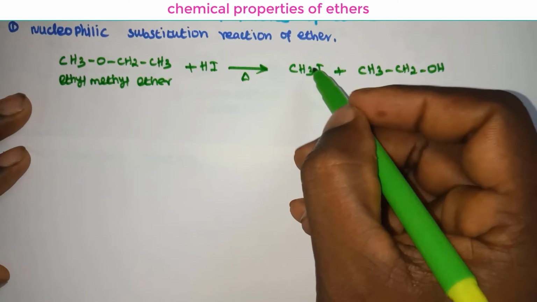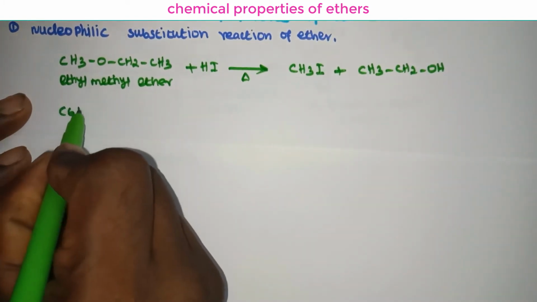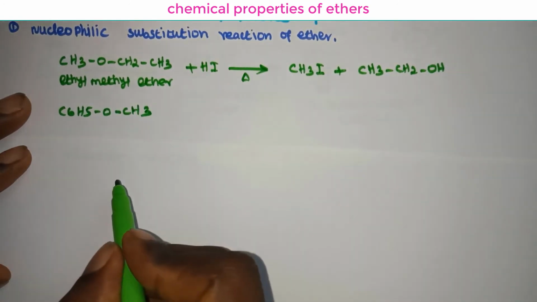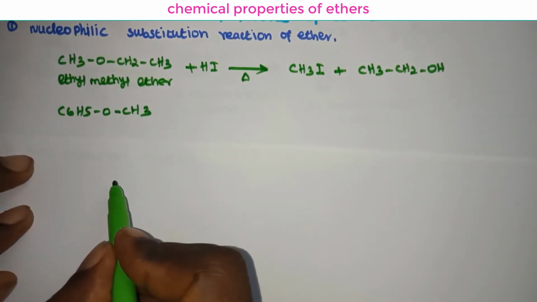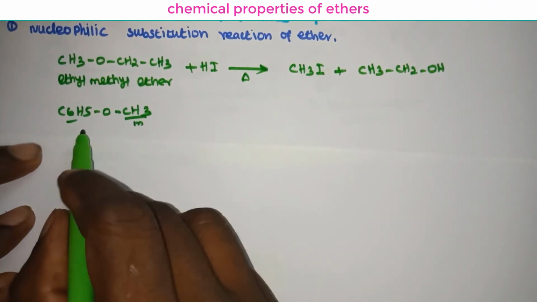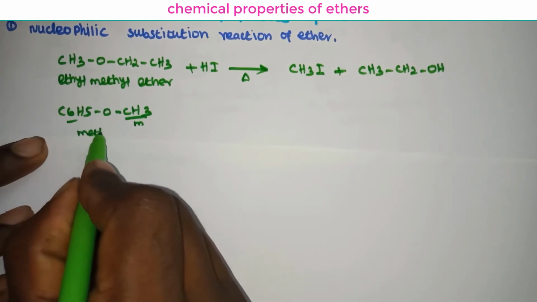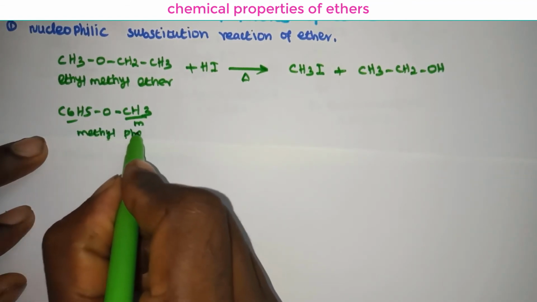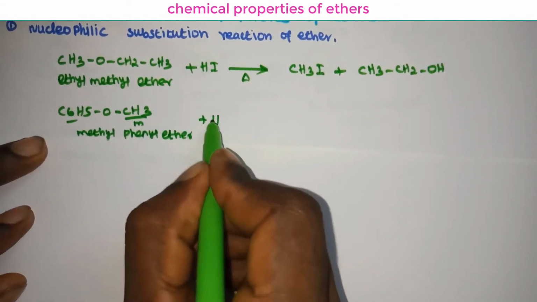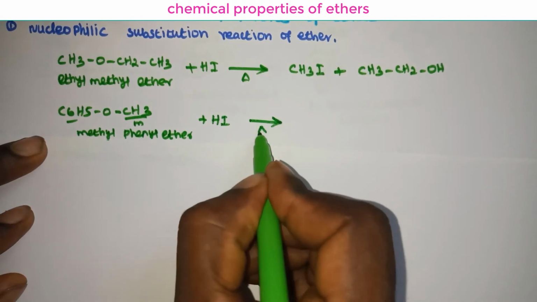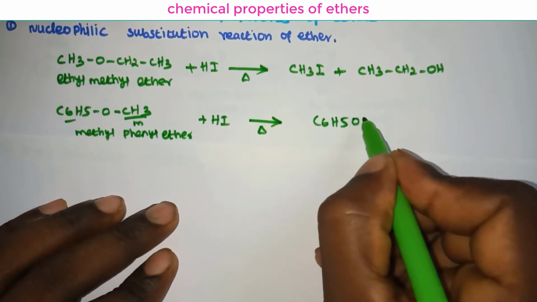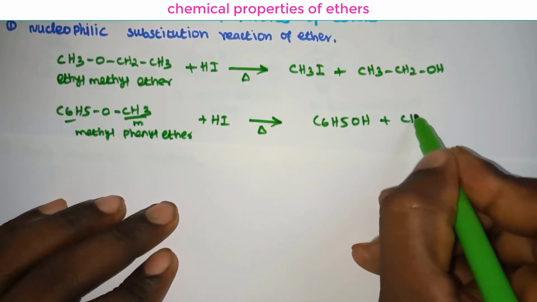CH3I is methyl iodide. Next one, C6H5OCH3. IUPAC name of this compound is methoxybenzene. Common name is methyl phenyl ether, as this is the methyl and this is the phenyl group. It reacts with hydrogen iodide on heating, undergoing nucleophilic substitution reaction to form C6H5OH, phenol, and methyl iodide.